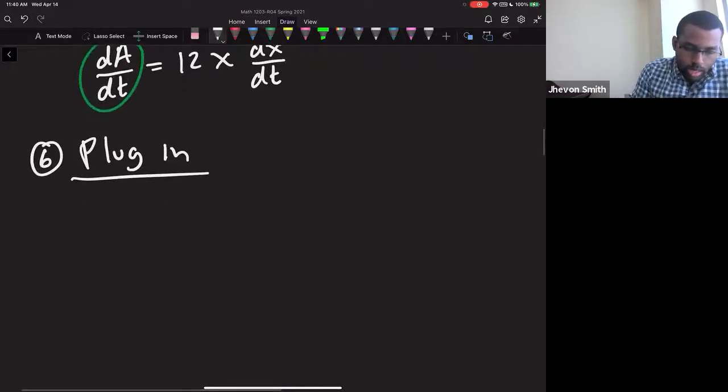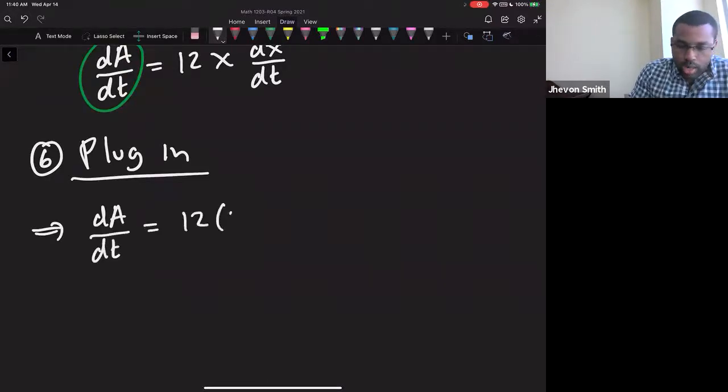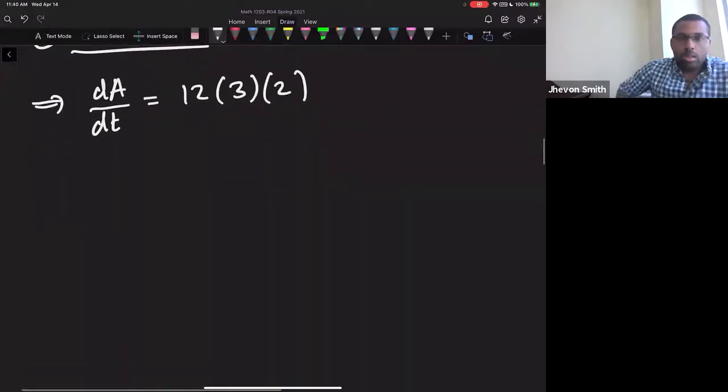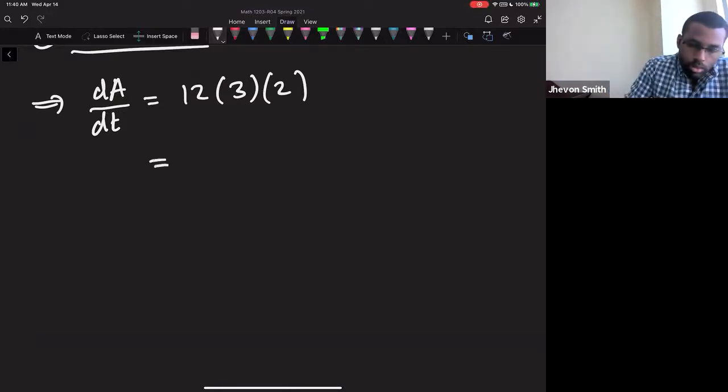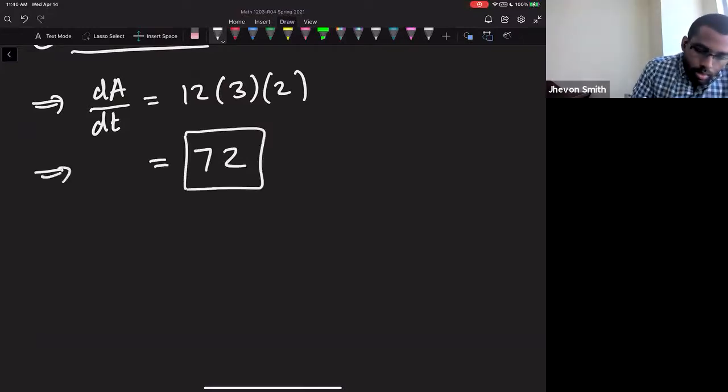So dA/dt is going to be 12 times our x, which was 3, times our dx/dt, which was 2. 12 times 3 is 36, times 2 is 72. And dA/dt is 72.